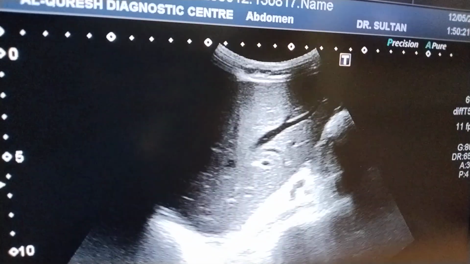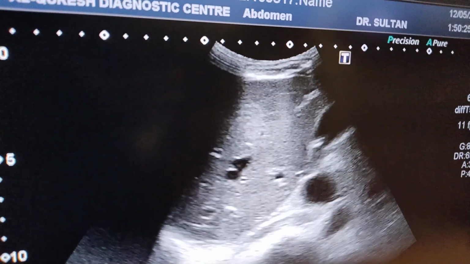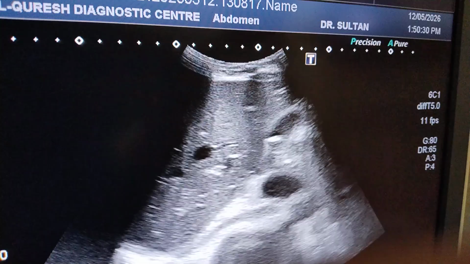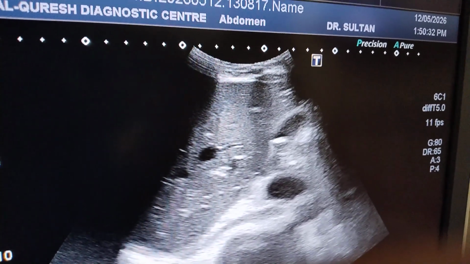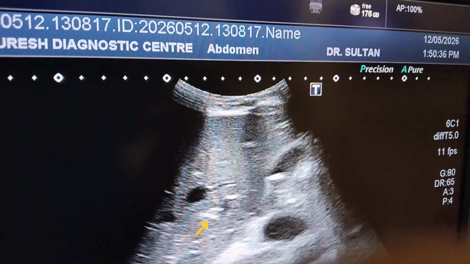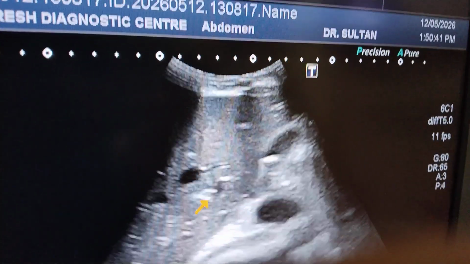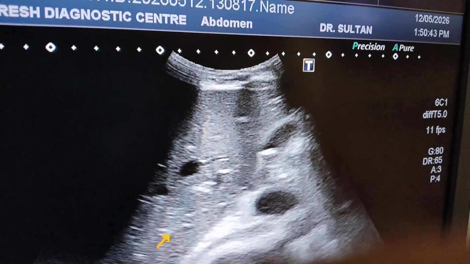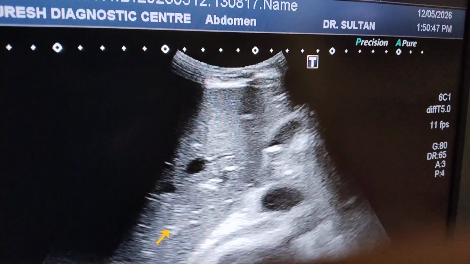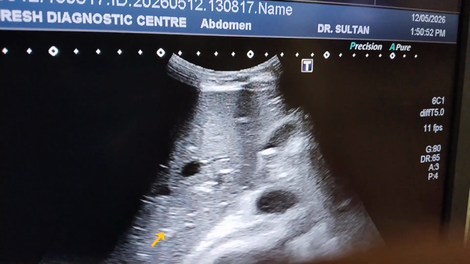Here one more thing I want to show you. Here we can appreciate these echogenicity lines. This is the periportal increased echogenicity. This also indicates periportal hepatic edema.